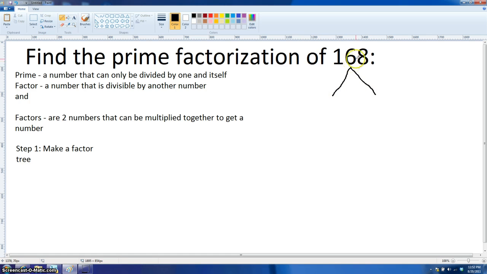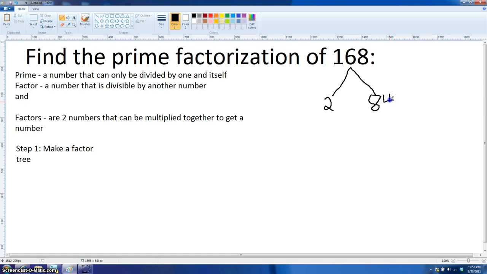I know that it ends with an 8, so it's going to be divisible by 2, so I'm going to put a 2 right here. And then 168 divided by 2 gives me 84, so I'm going to put an 84 right here.